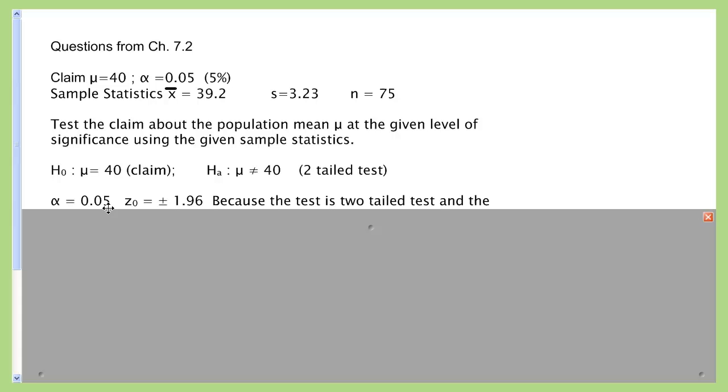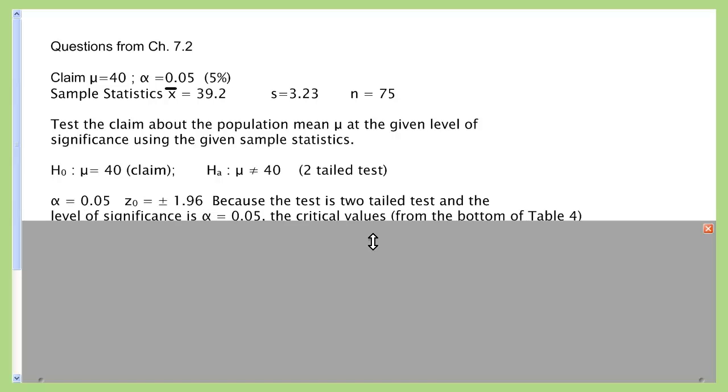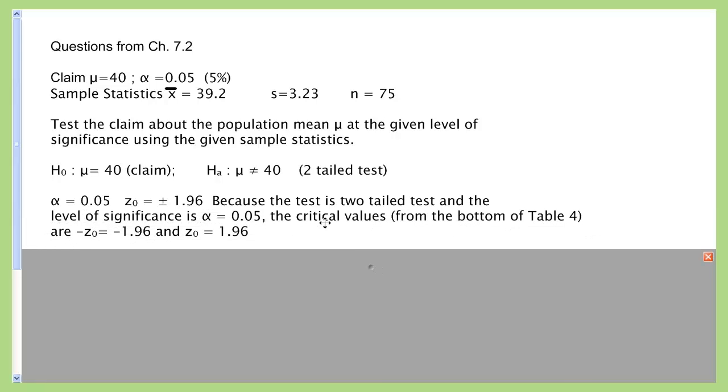Because it's at 5%, which is 95%, because 1 minus 0.05 is 95%, if you look at the very bottom of table 4, you're going to find that 95% is 1.96, and because it's a two-tailed test, your critical values are going to be negative 1.96 and positive 1.96. So there's the part about the table, and you can look in the back of the book and you'll find that.